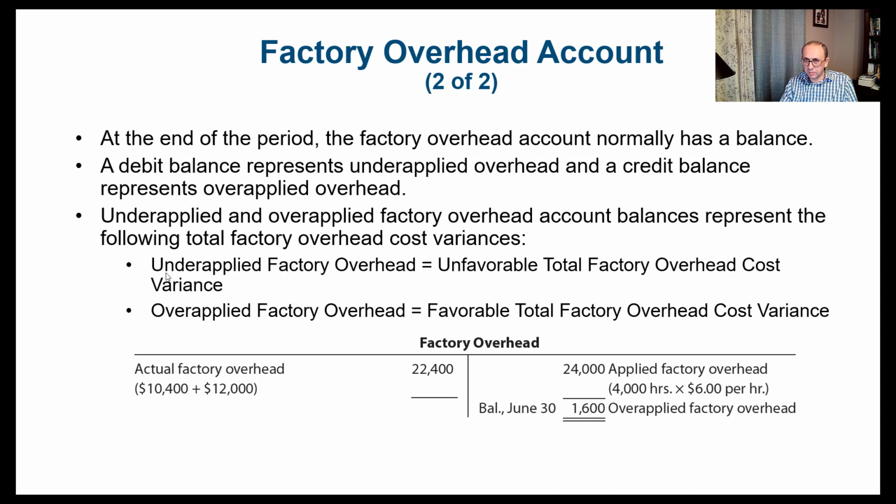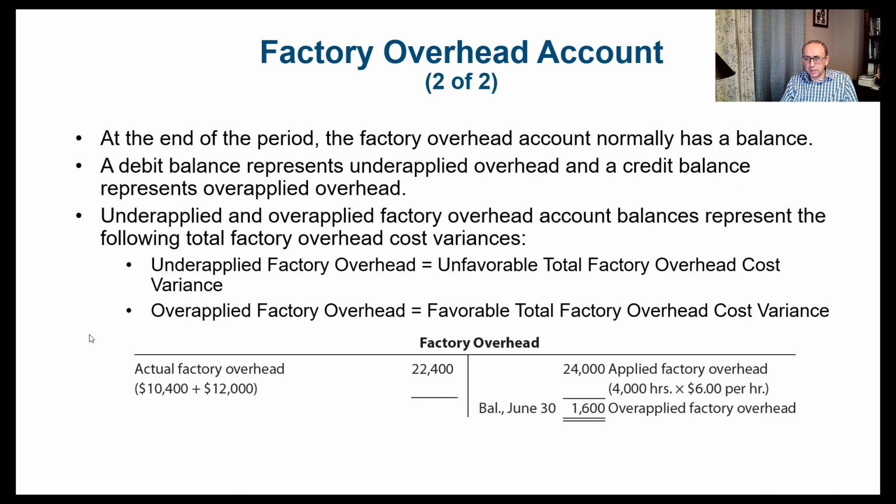So let me explain here based on what we have in the slide. It says at the end of the period, the factory overhead account normally has a balance. A debit balance is not good, it represents an under applied overhead, and a credit balance represents an over applied overhead. Under applied and over applied factory overhead account balances represent the following total factory overhead cost variances.